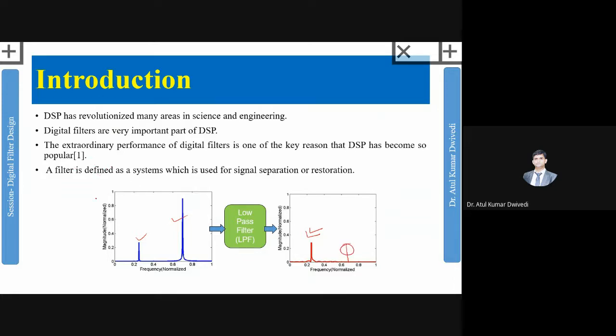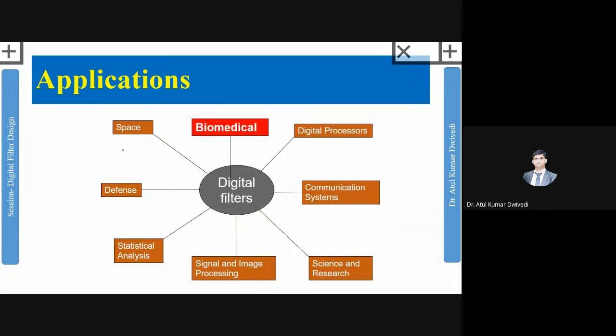Digital filters are a very important part of DSP, and many cores and processors have many digital filters inside their designs. They find applications in various areas: space, biomedical signals, processors, communication systems, data analysis, signal processing, and image processing.